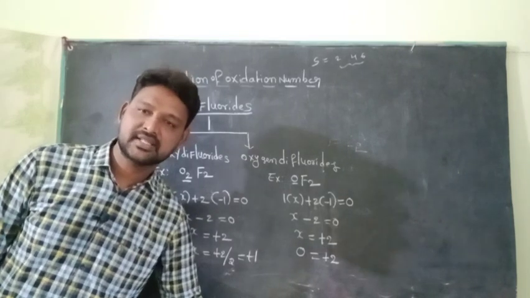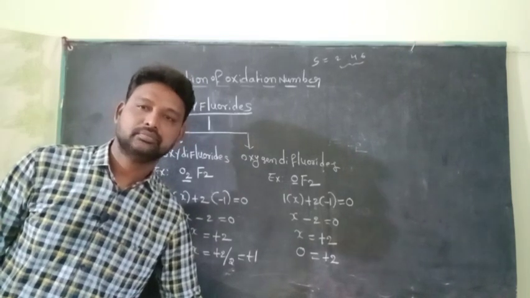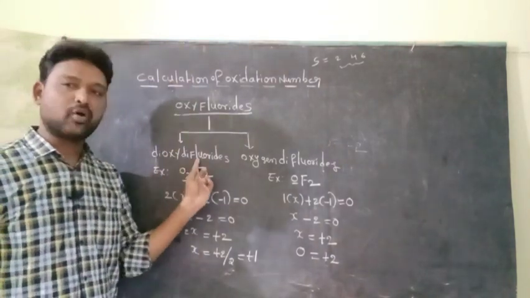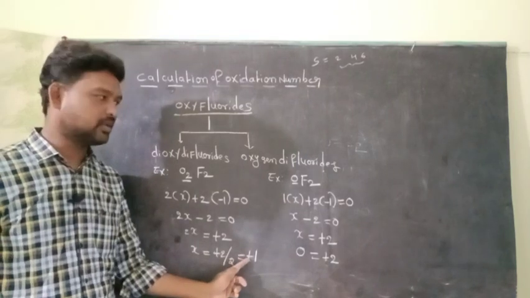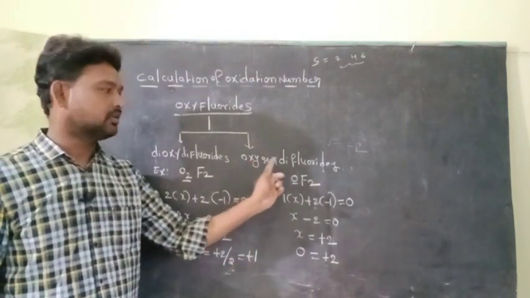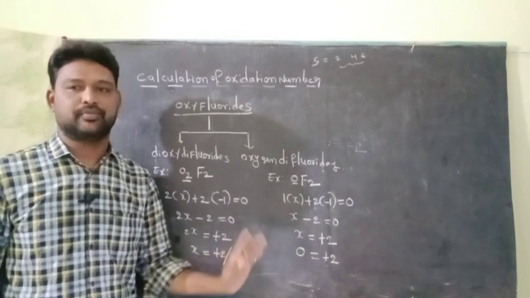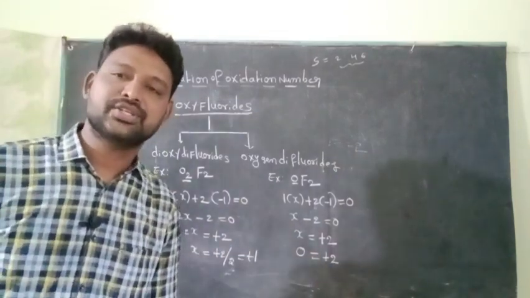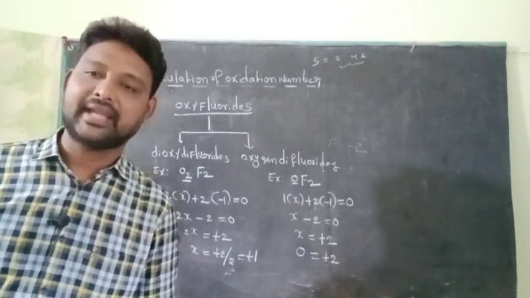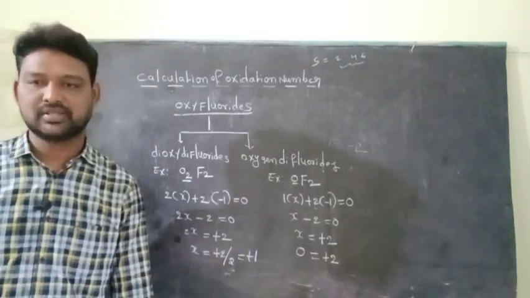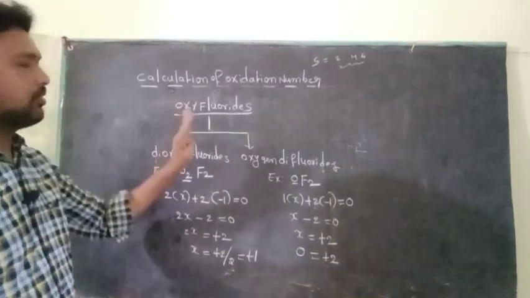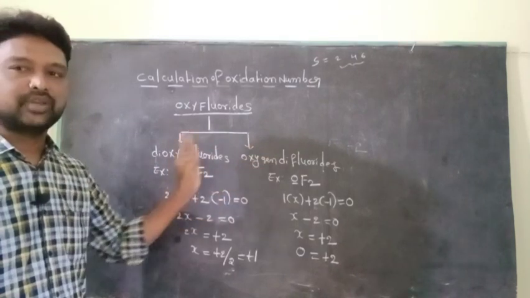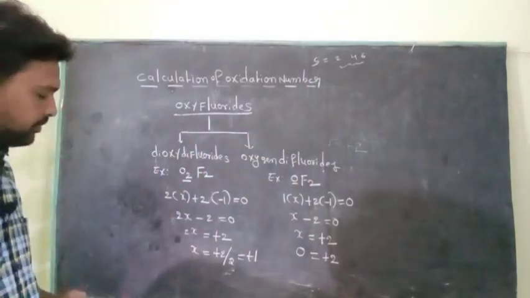In peroxides, -1. In dioxydifluorides, +1. In oxydifluorides, +2. Okay, so these are the important types of oxidation number of the oxygen atom: peroxides, superoxides, oxyfluorides, oxydifluoride, dioxydifluoride.